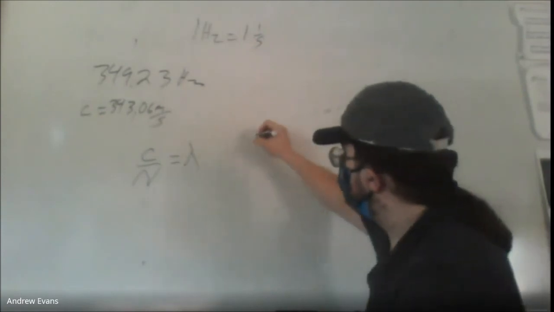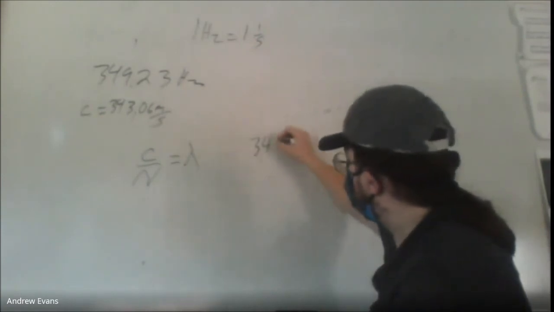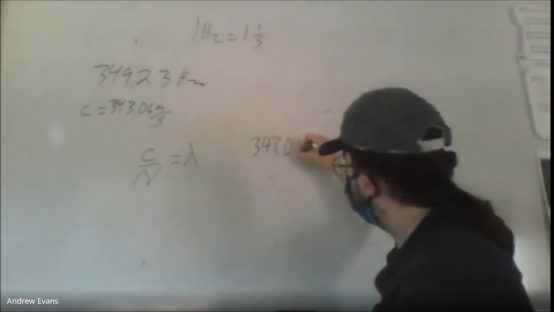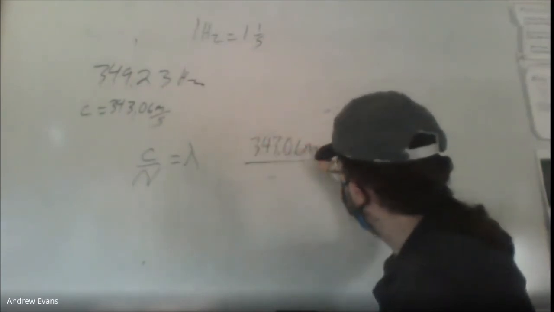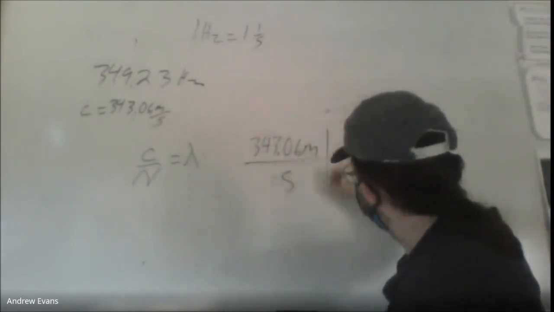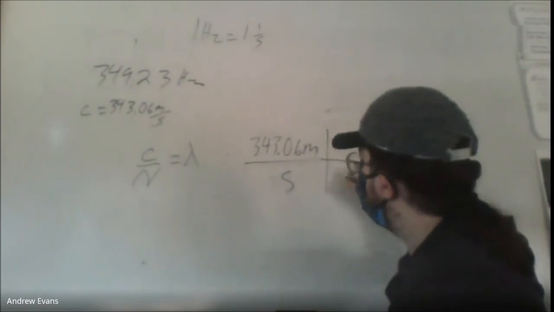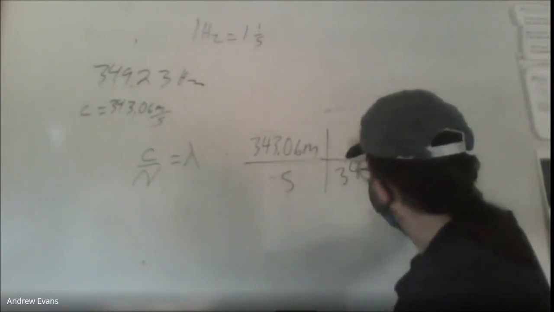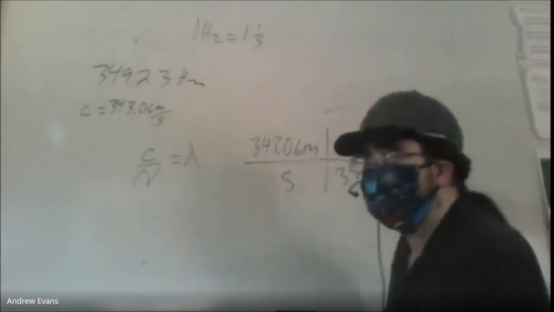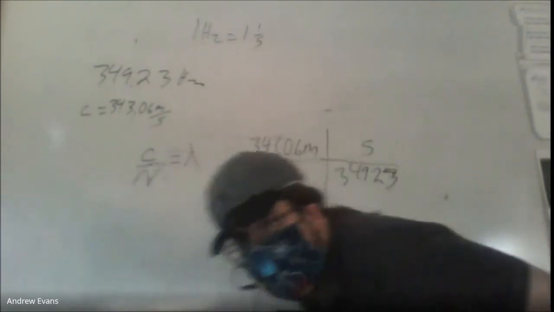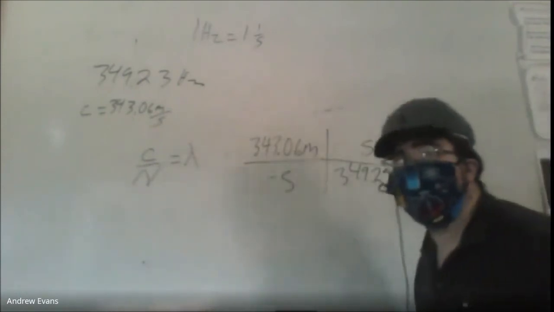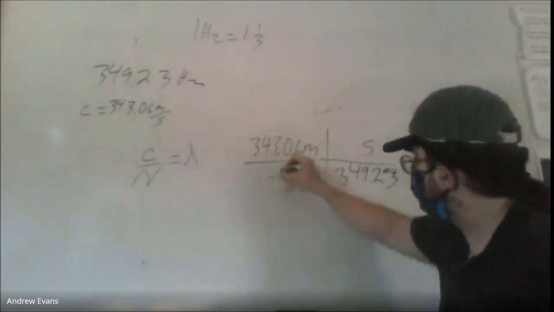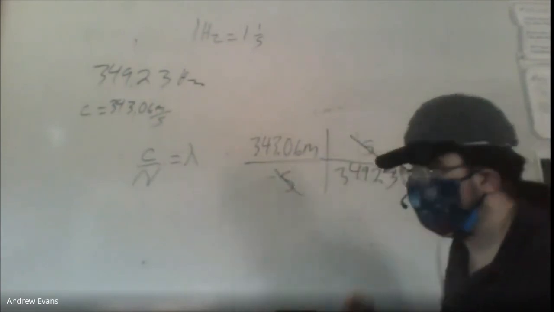So all we have to do, 343.06 meters over seconds, I'm going to divide by 349.23 inverse seconds, which makes this 1 over seconds the same as seconds over 1. What does that do? That cancels out my seconds.